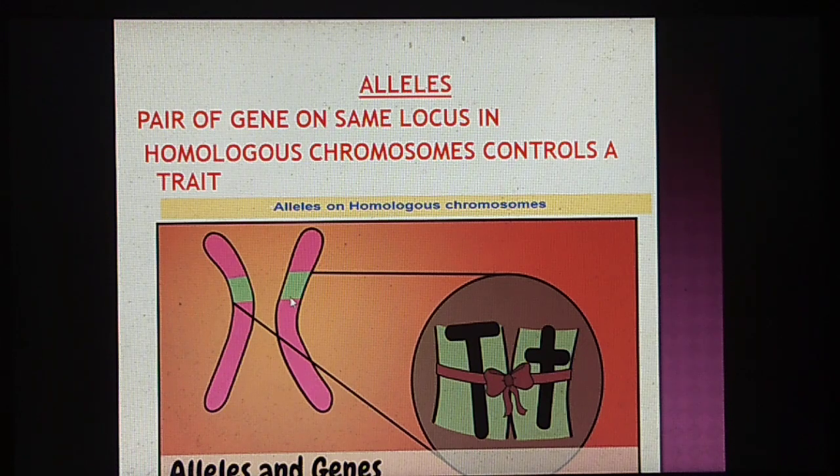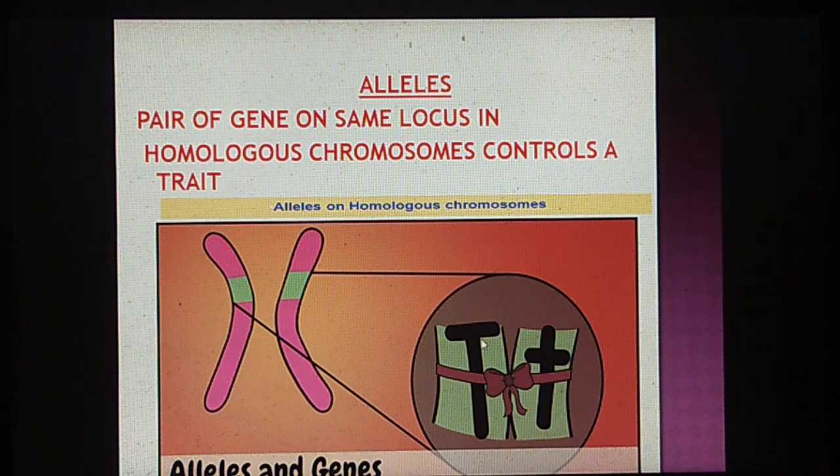That indicates that the alleles or genes are alternative forms. That means there are variants of genes which we can see in an individual. So earlier these alleles were described as alternate forms of a gene. This particular example indicates that one allele is meant for tallness, whereas the other allele is meant for dwarfness.